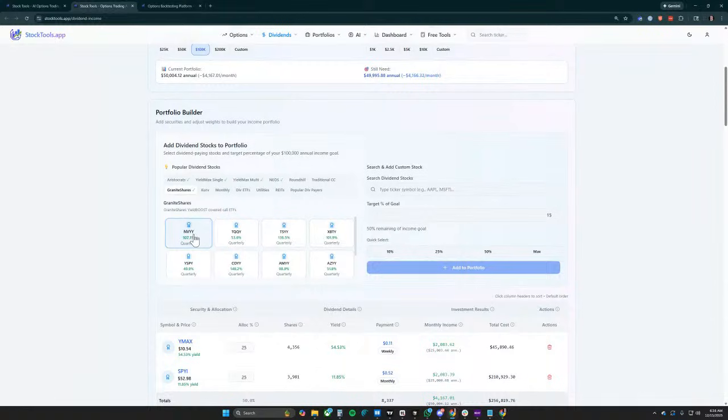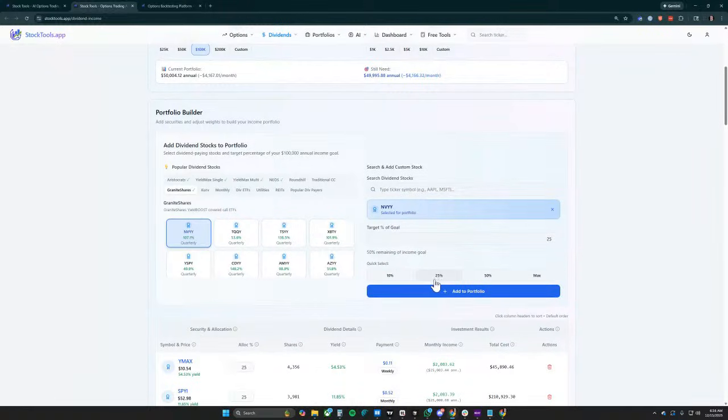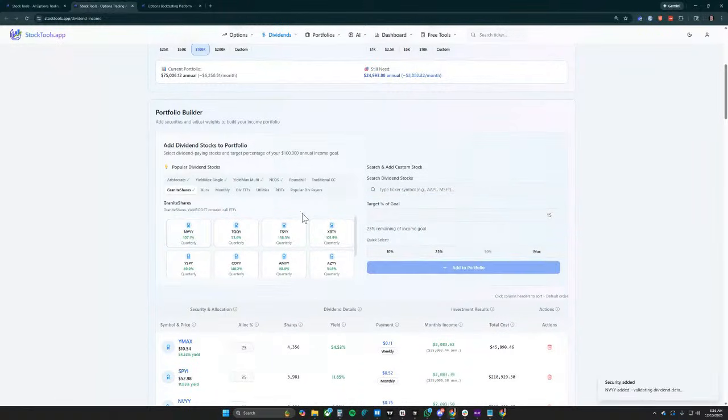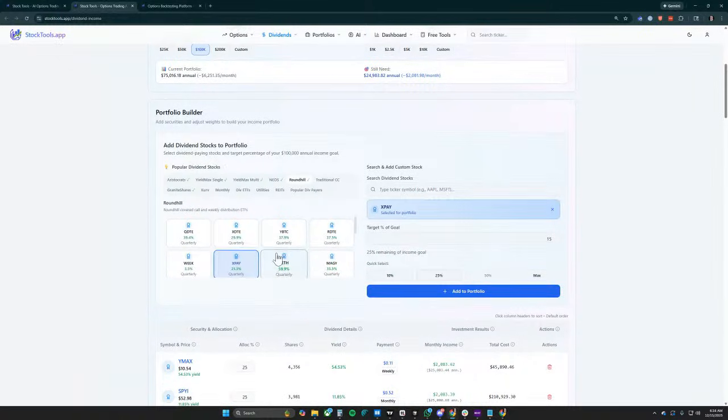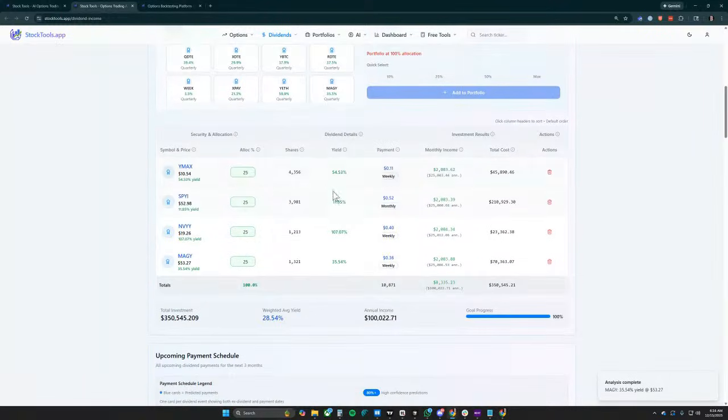I lost a lot of money on TSYY. I'm not clicking that one. NVYY. And then we'll pull up an XPay, or what was it? MagY. That's a good one. And now we have 100% allocation. We can see how many shares we need, what's the yield.